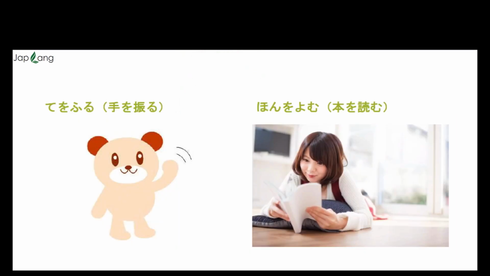And it has a 3-stroke order. Te o furu, when you shake your hand, we say te o furu. Hon o yomu, o particle. So you can see that we are just putting o in between before the verb. Object o plus verb. Hon o yomu, read the book.